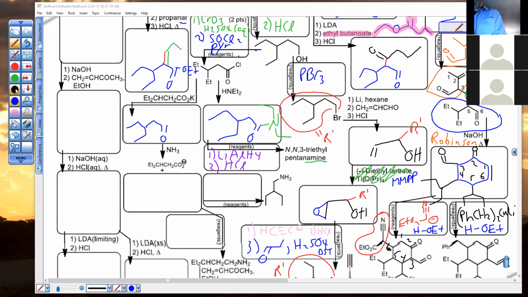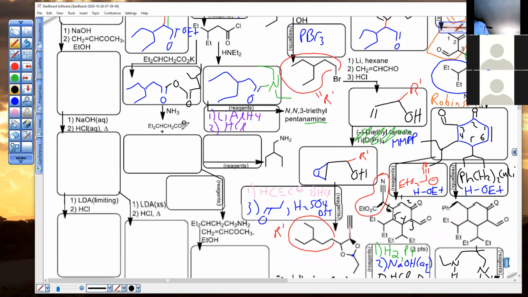Chlorine gets replaced by an oxygen that goes to a CH2, that goes to a carbonyl, that goes to a CH2, that goes to a C with an ethyl and an ethyl. That is a symmetric amide. And then there's the leaving group. Look, this is the same as the thing here.